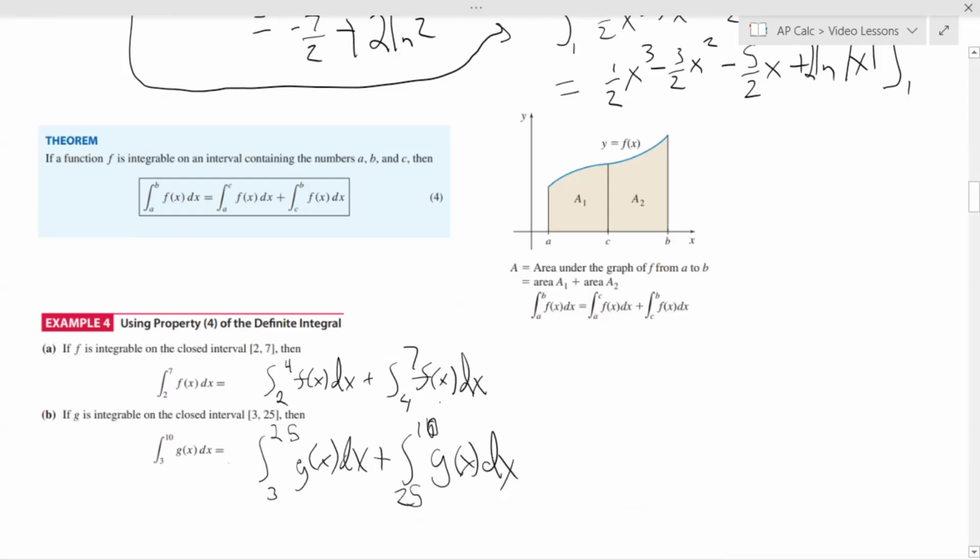Okay? So this part B illustrates that the number that you break apart the integral at does not have to lie between the endpoints a and b.